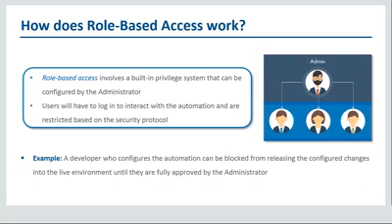Once they log in, the RPA system will detect what kind of role is assigned to this particular user, and hence will give the user the access for that particular role. If it's a view access role, he will get only the view access. If it's an edit role, he will get the edit access as well. If he's an administrator, he will get all the privileges. So this is how role-based access works.